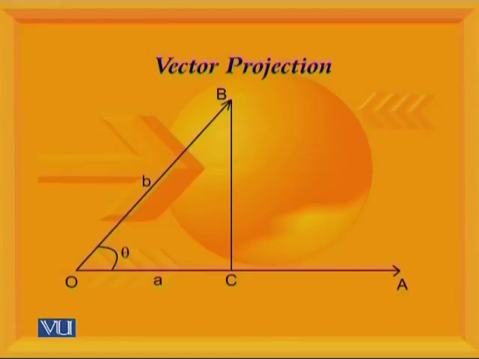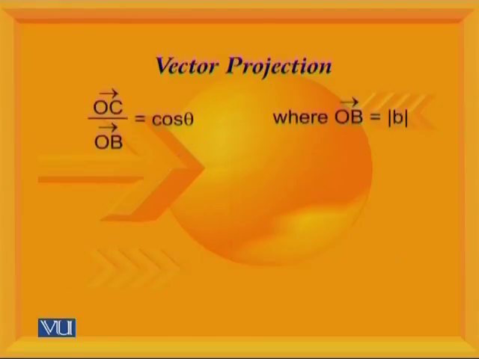So this is the scalar quantity, scalar projection. You can see here that OC divided by OB is equal to cos theta. So OC is equal to OB cos theta.